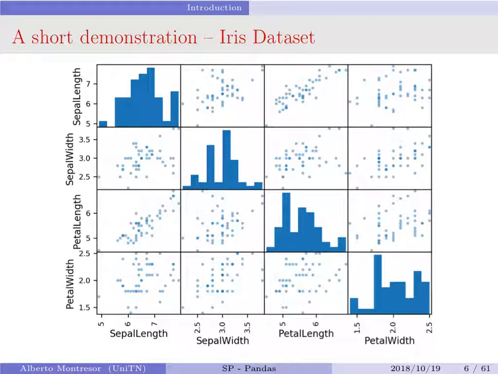And the idea is that a scatter matrix, yes, I see that someone is interested. The idea is that you are computing and showing the correlation between everything and everything else. Clearly, there is no reason to show correlation between sepal length and sepal length, because they are clearly the same.